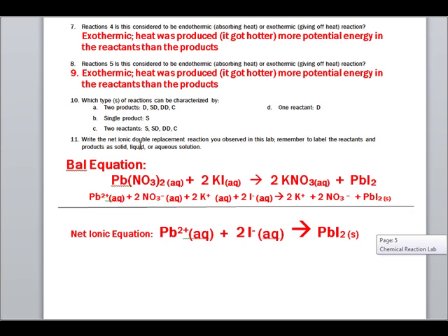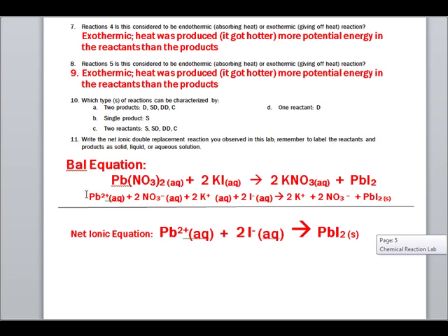Number 11 says write the net ionic equation in the lab, and remember to label the reactants and the products as solid, liquid, or aqueous solution. Well, here you had lead 2 nitrate, potassium iodide, and potassium nitrate, and lead 2 iodide. You got lead 2 nitrate and potassium iodide on the reactant side, potassium nitrate and lead 2 iodide on the other side, so the cations switch places.